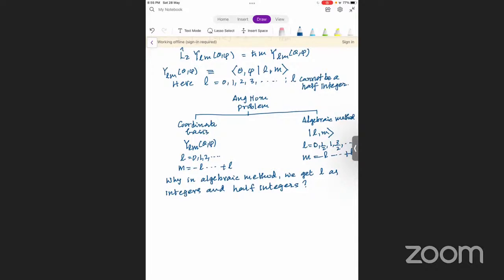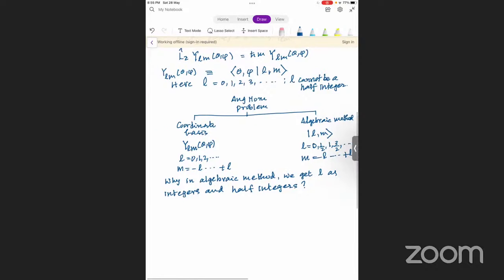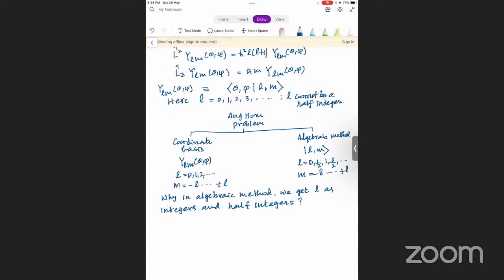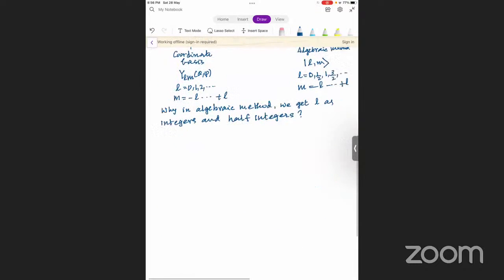You started with the commutation relations, but these are only the commutation relations among Lx, Ly, Lz, right?